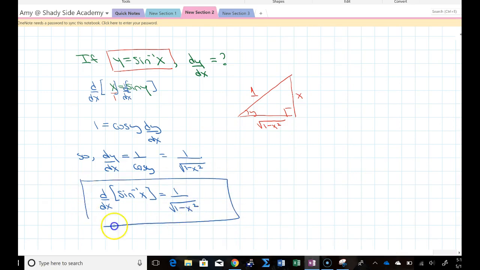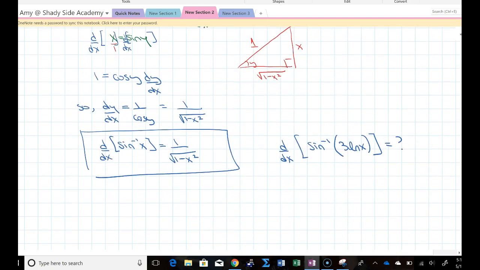There it is, okay? Now, if I had, say, this question, what is the derivative with respect to x of the inverse sine of 3 ln x? Let's just kind of incorporate the chain rule into this new derivative rule. Go ahead and try it, and then replay me. All right, here it is.